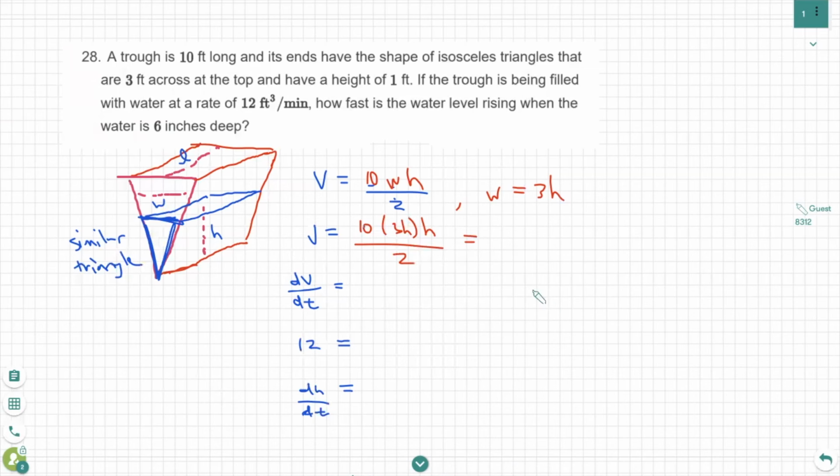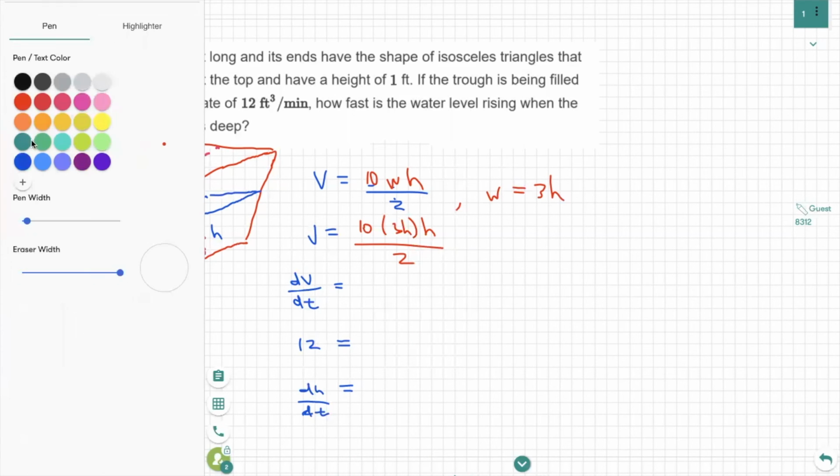All right, and what's next? Now you'd have to differentiate it, right? Oh, I kind of see where this is going now. Given that you have 3h squared, dv over dt is going to be equal to 10 halves 6h dh dt.